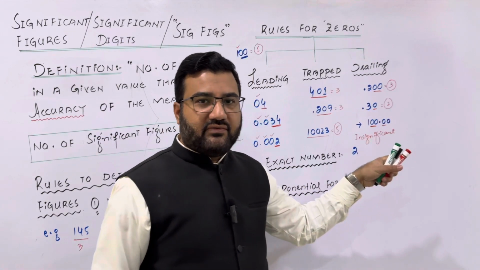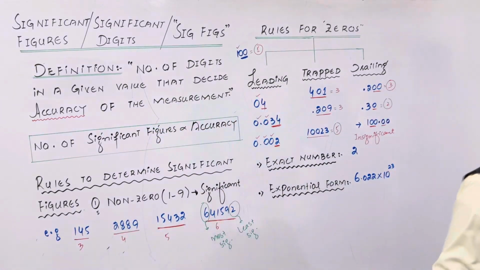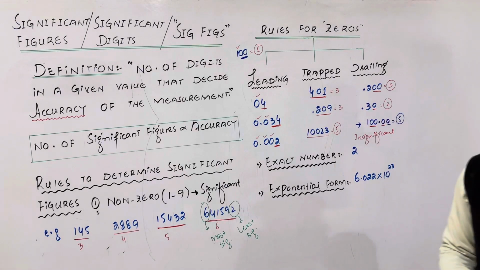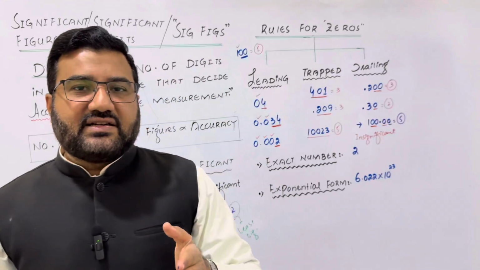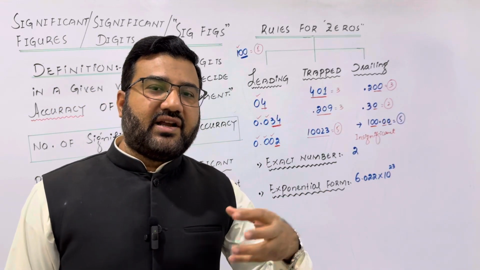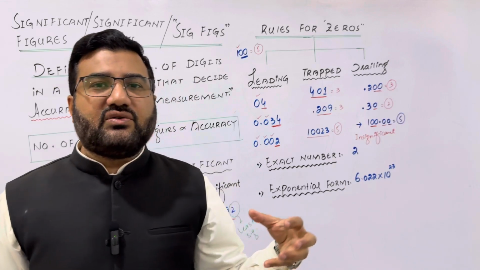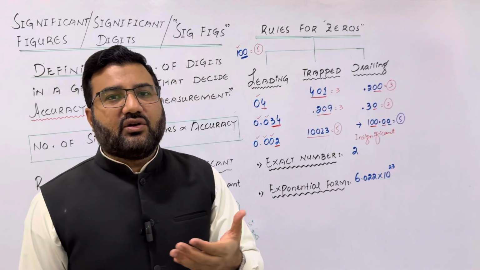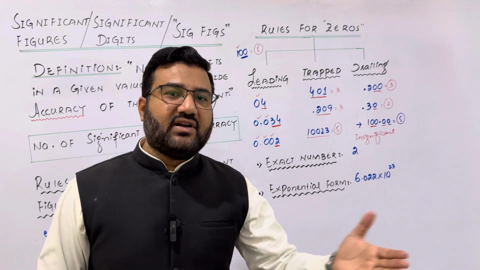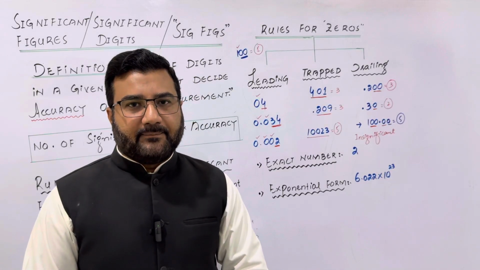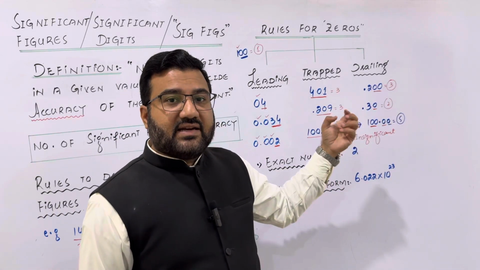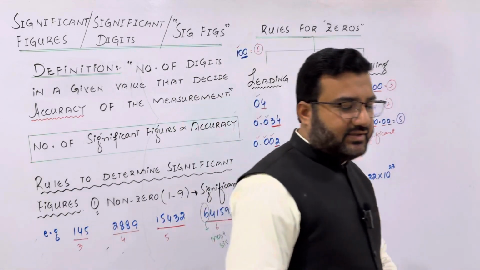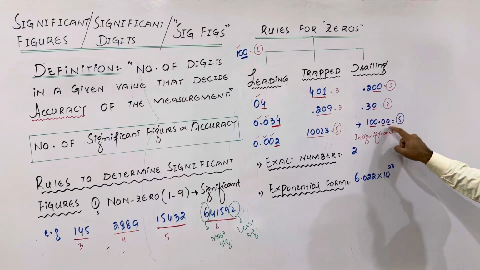So now the significant figures will be 5. That's why if the zeros are right after a non-zero number like 1000, 2000, 5000, those zeros are not considered significant. There is only one significant figure in all those values, and that is 1, 2 and 5 respectively. But if you place a decimal and then place 0 after that, the zeros become significant. So this one is a special case.